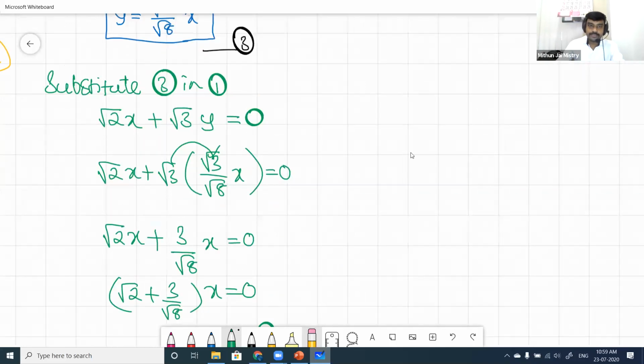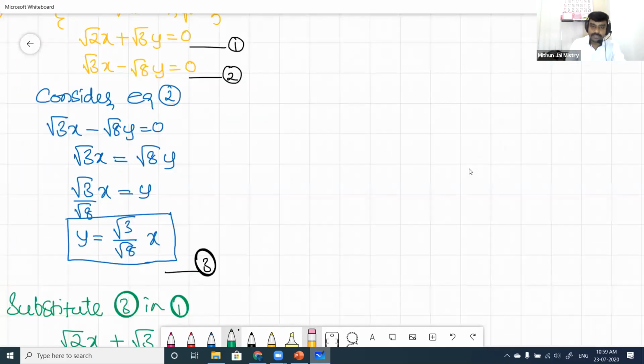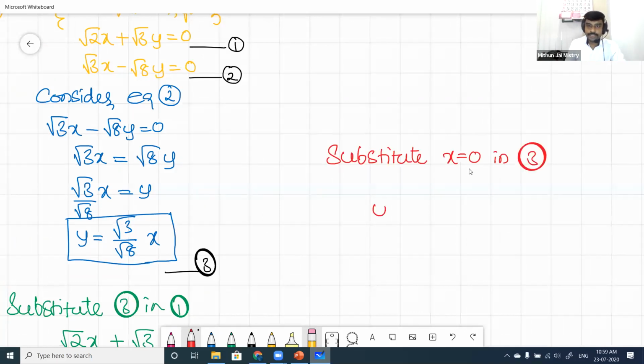Now you can substitute this x equals 0 in equation number 3. What is equation number 3? y is equal to root 3 by root 8 into x. So y is equal to root 3 by root 8 into 0.